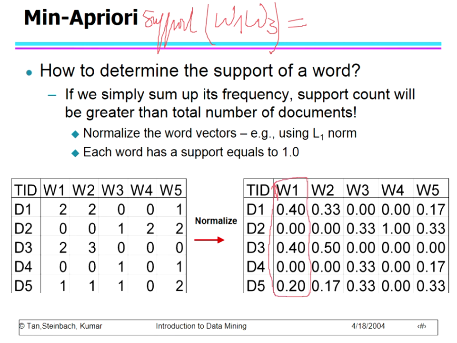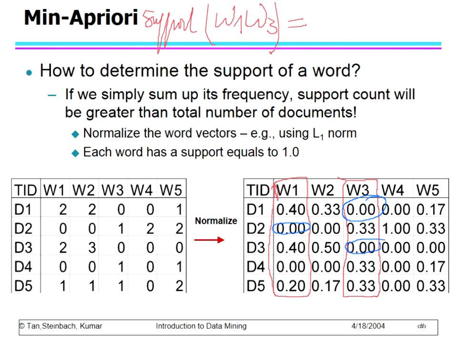So in our example W1, W3, we will focus our attention on W1 and W3. For each document, we select the minimum.